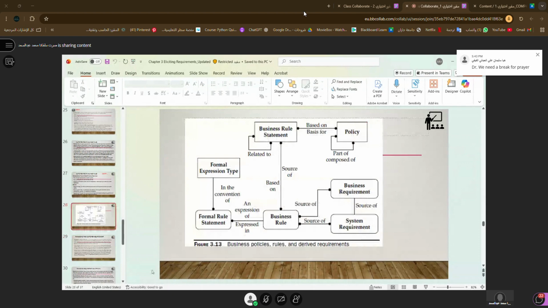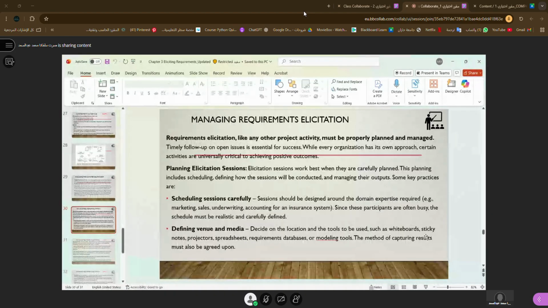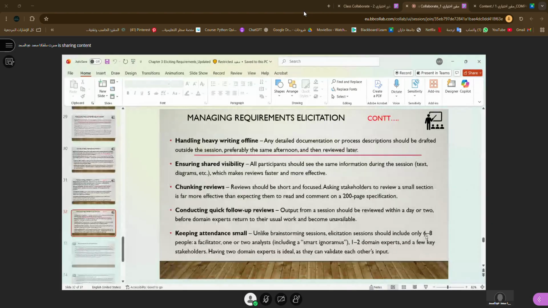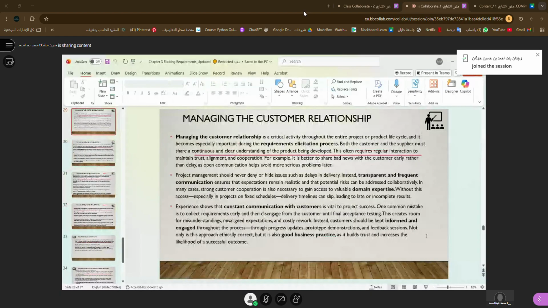And then next, after that, managing the customer relationship. In this, what can be given means this is just general information, okay?